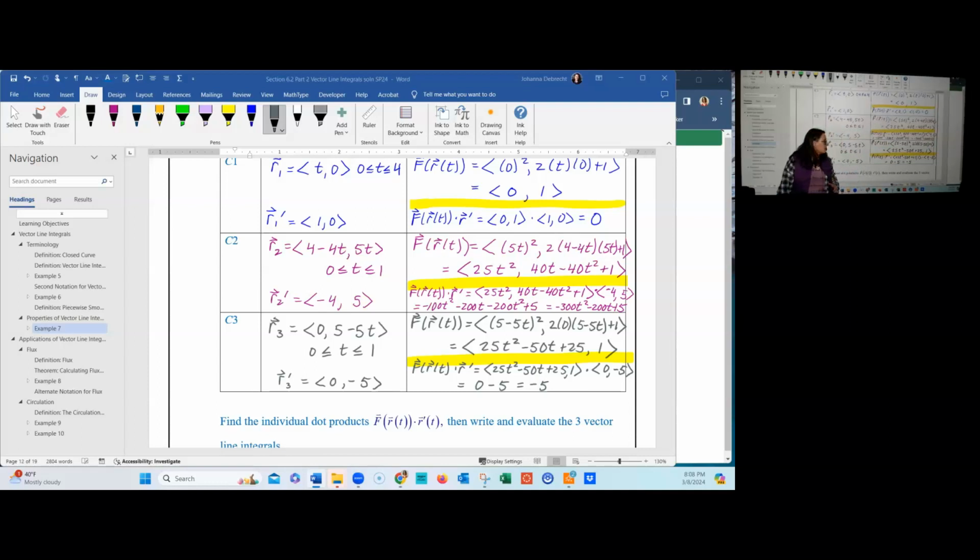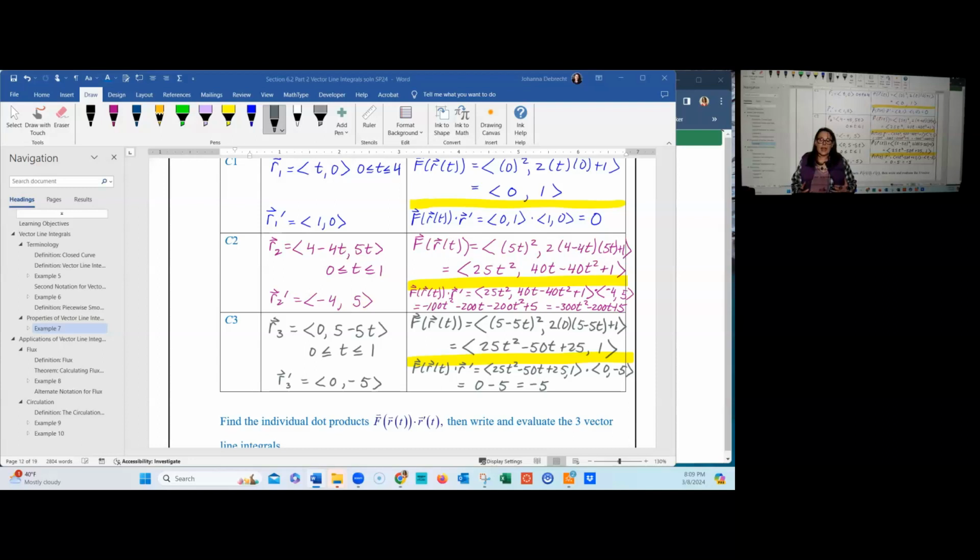The final one, when we compute f of r of t dotted with r prime of t, gives us f of r of t, 25t squared minus 50t plus 25 comma 1, dotted with 0 comma negative 5. The first components go to 0. The second multiplied together give us negative 5, giving us f of r of t dot r prime of t to be negative 5.